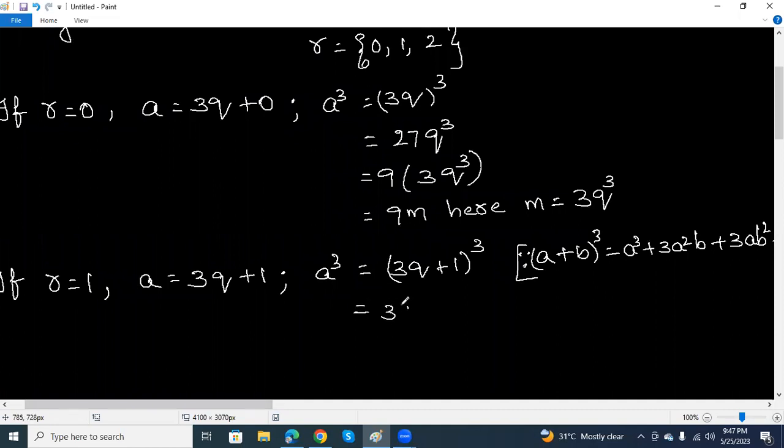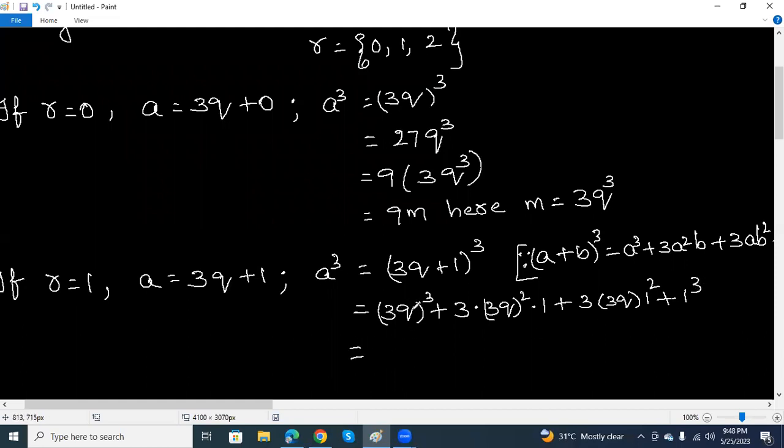So a cube is 3q whole cube, plus 3a square b, which is 3 into 3q whole square into b, which is 1, plus 3ab square, which is 3 into 3q into 1 square, plus b cube, which is simply 1 cube.